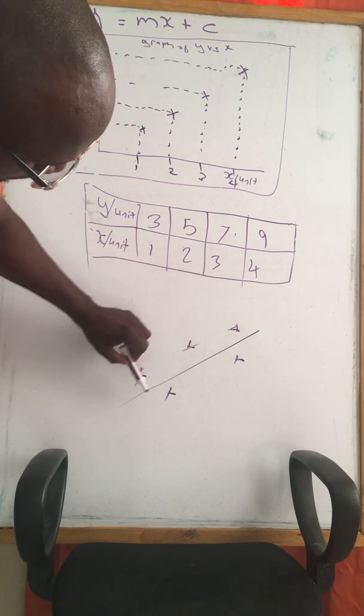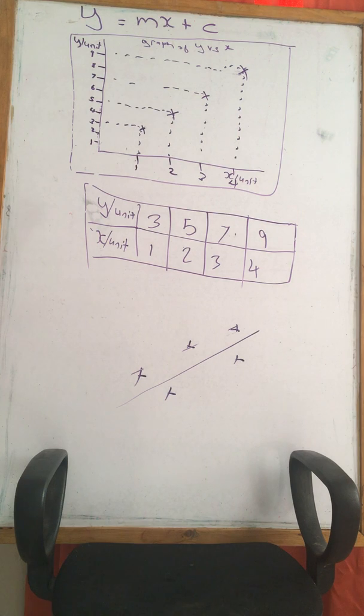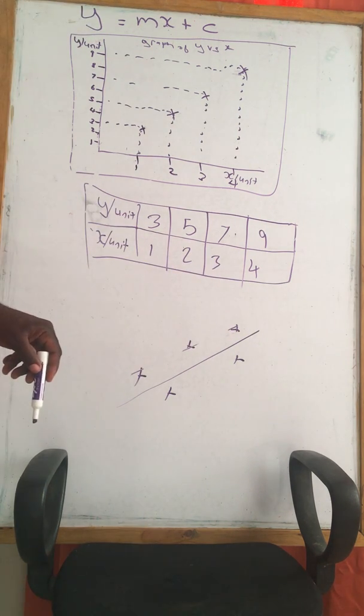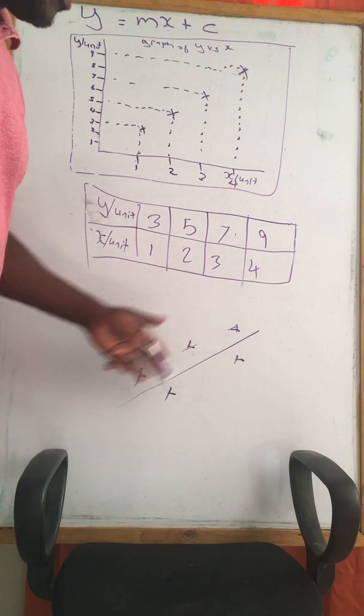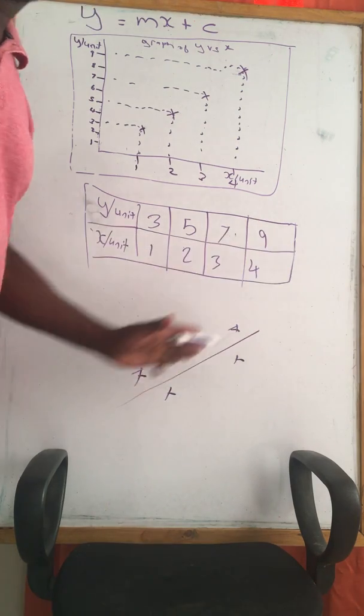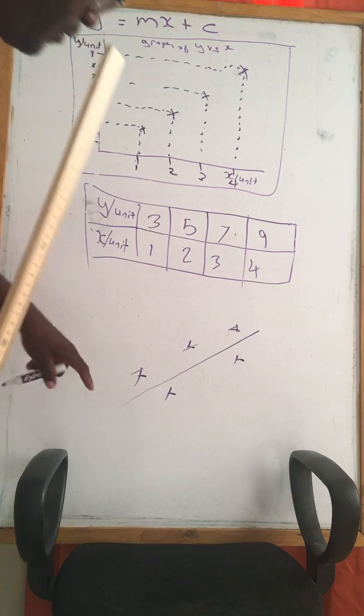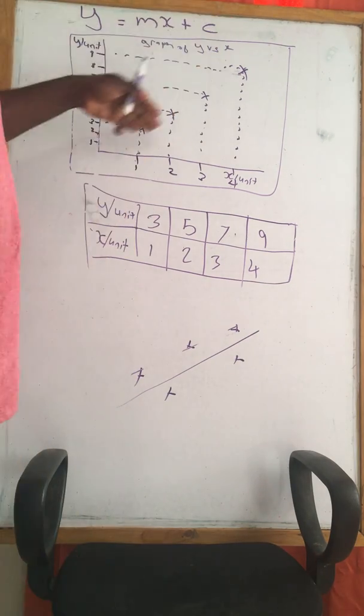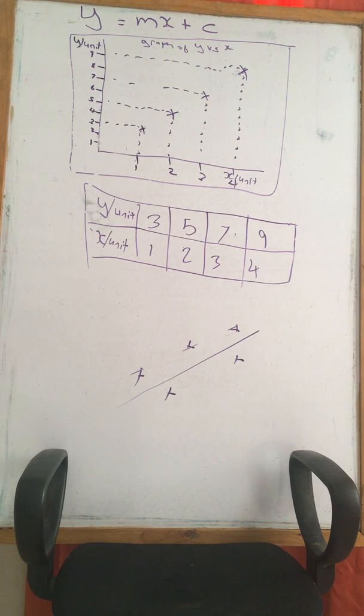You notice? Right. So it doesn't mean that the points have to fall on the line in order for the line to be the best representation, right? But in my case, they're fairly lined up evenly. Right?